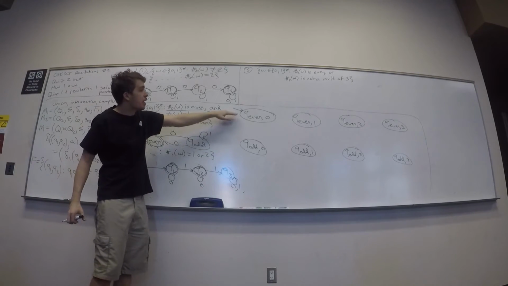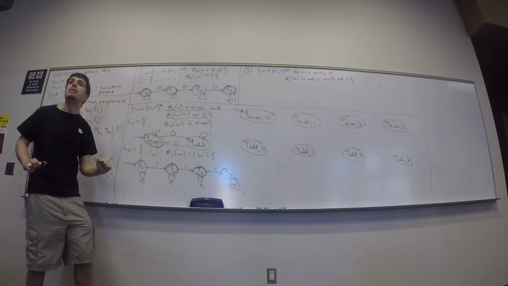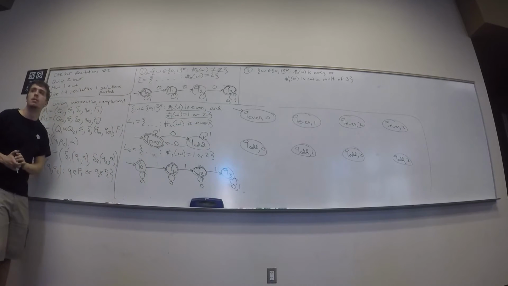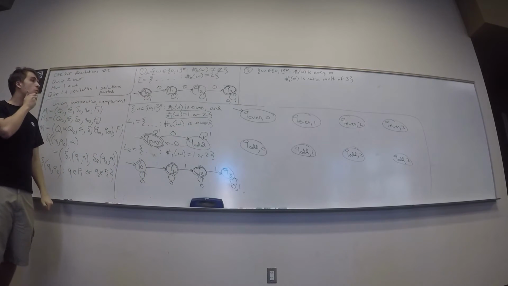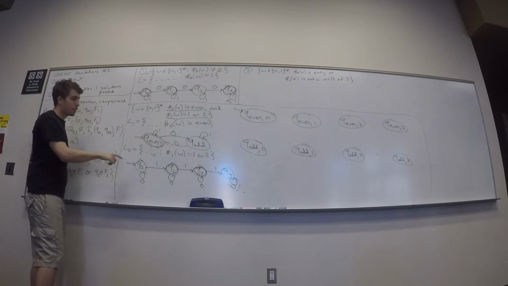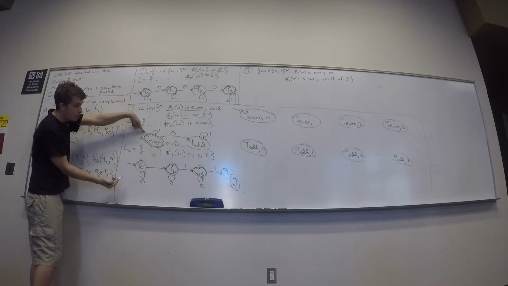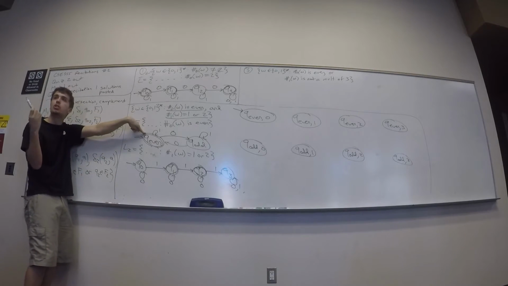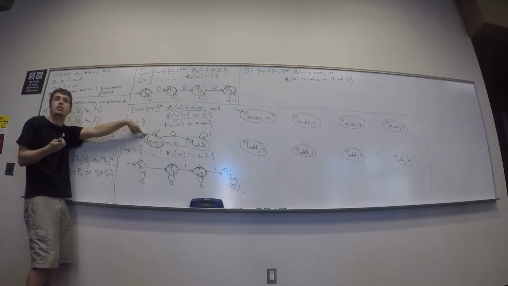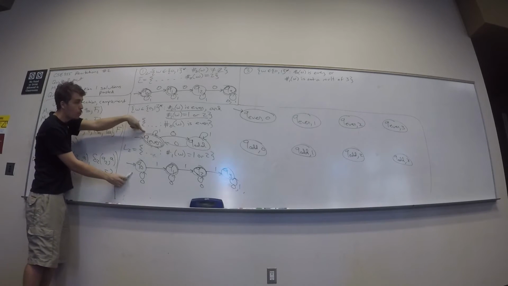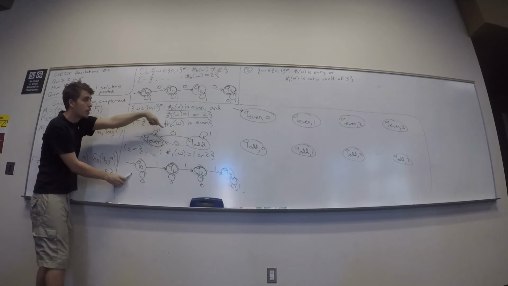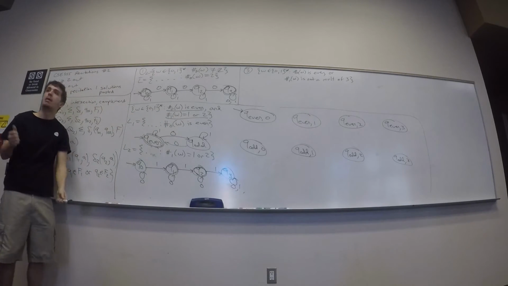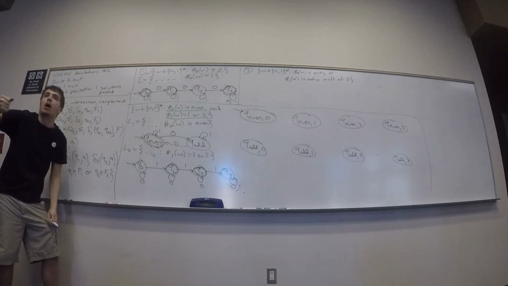So where do you think Q even 0 is going to go on input 0? Let's think about it. I'm currently here in the first machine and here in the second. So I have to figure out in both machines where I would go on input 0. Where would Q even go on input 0? It's going to go over to Q odd, so in my brain I'm going to write down Q odd.